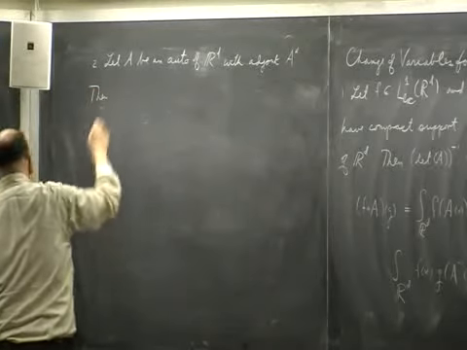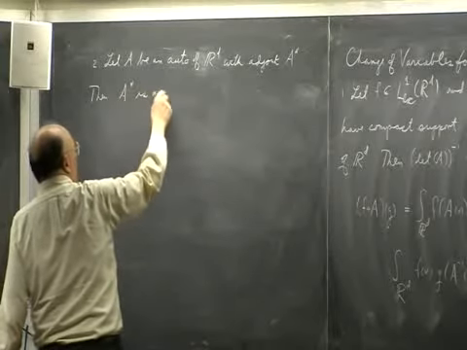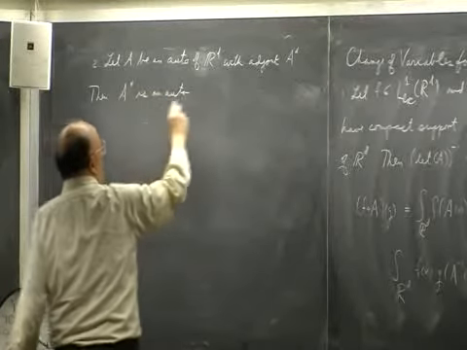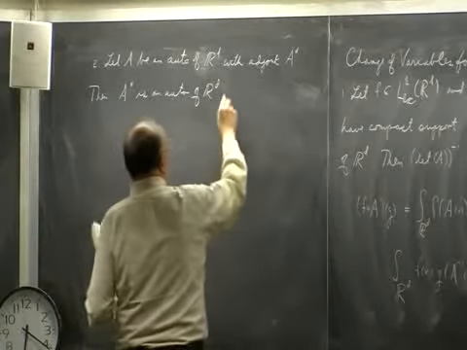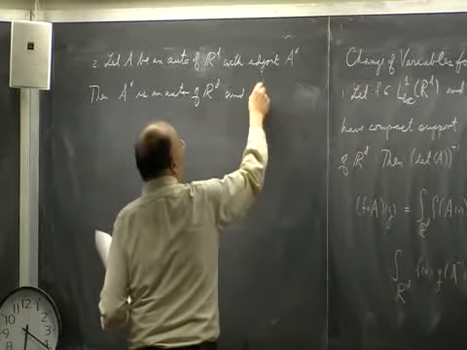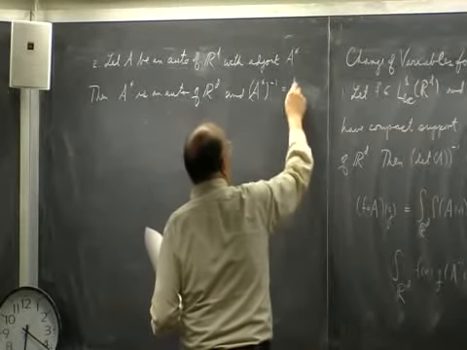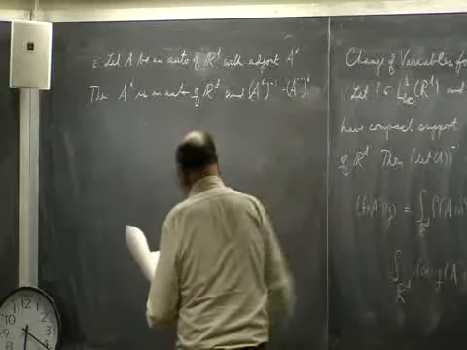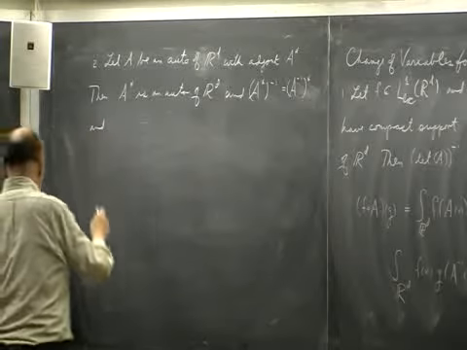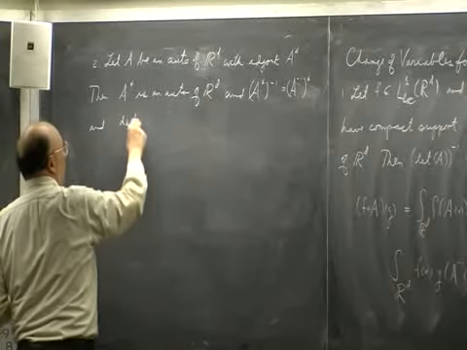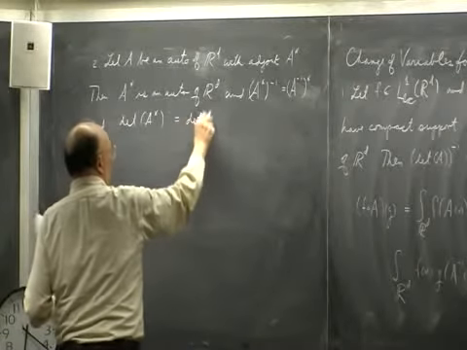Then A star is an automorphism of R^D onto itself, and A star inverse is equal to A inverse star. This is standard linear algebra, and the determinant of A star is equal to the determinant of A.